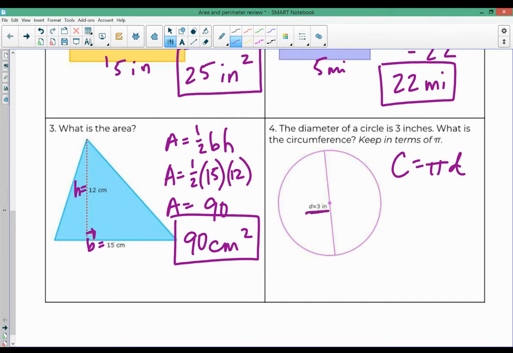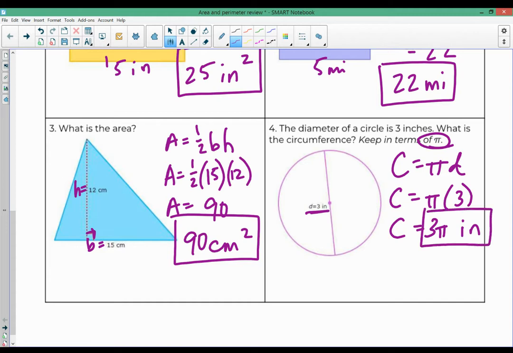We already know D equals 3 inches. So C equals pi times 3. And since we want to keep in terms of pi, that's 3 pi inches. And that's it. So on IXL, you would have to use the pi button. So we don't want approximations. That's called the exact answer.